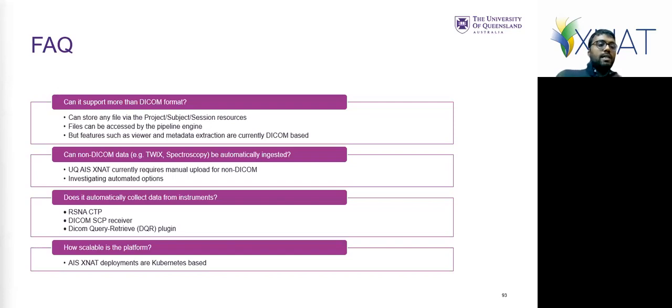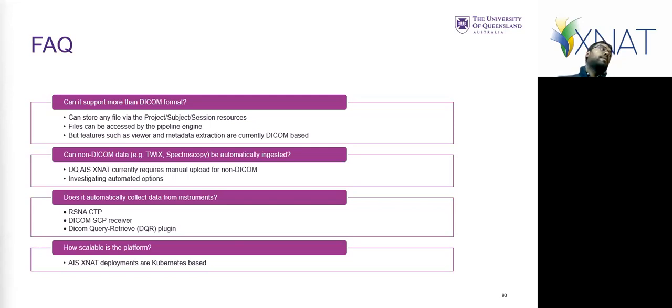So automatic ingestion of non-DICOM data is something we're looking at. It's only manual at the moment. There was a question about, does it automatically collect data from instruments? This is a bit tricky, so I'll try and break this down. The way we do it at HIF and the other sites is we use a client called the RSNA CTP, which does the on-site anonymization.